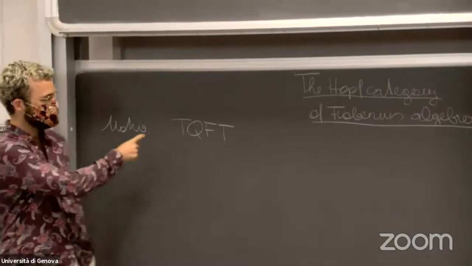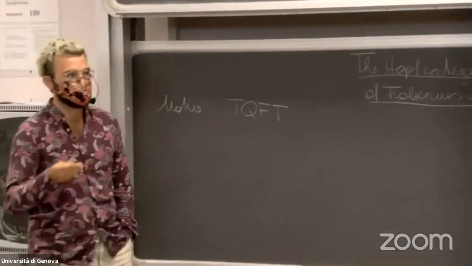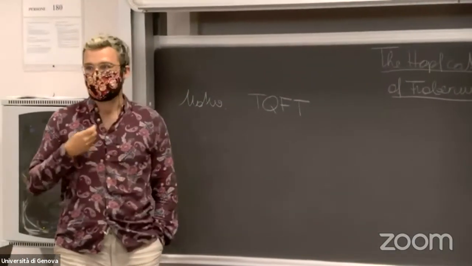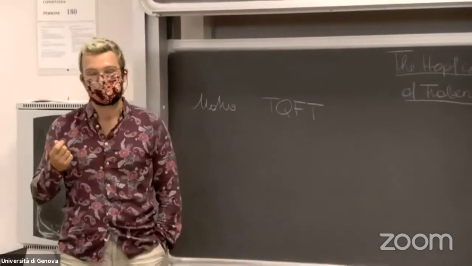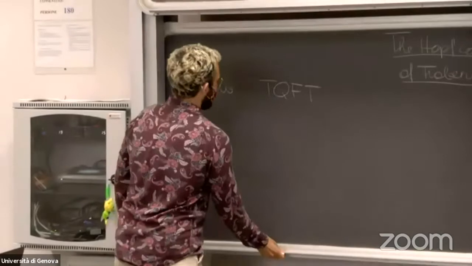So topological quantum field theories come from physics, but there's a really nice and neat description in category theory due to Atiyah. And let me state that for you.